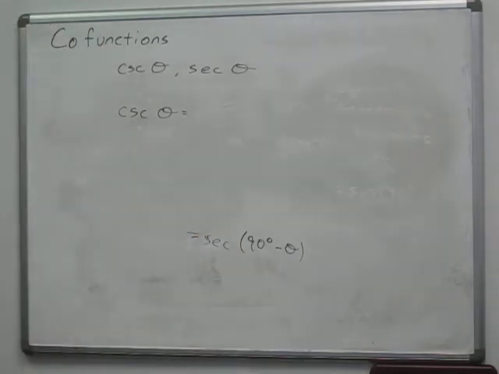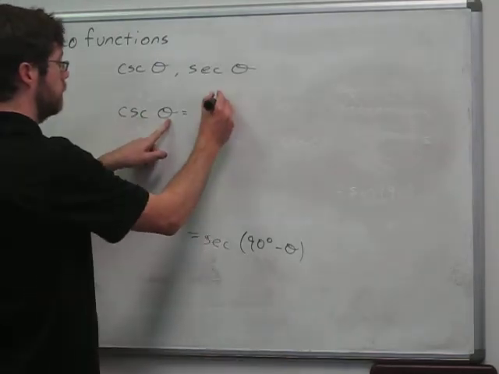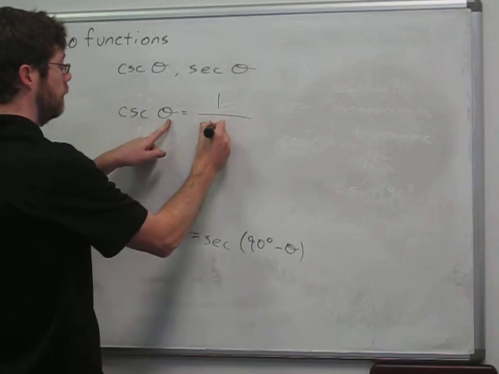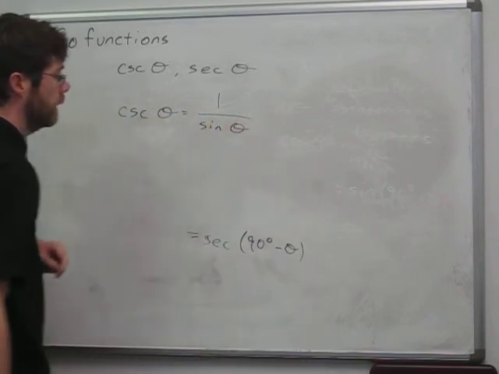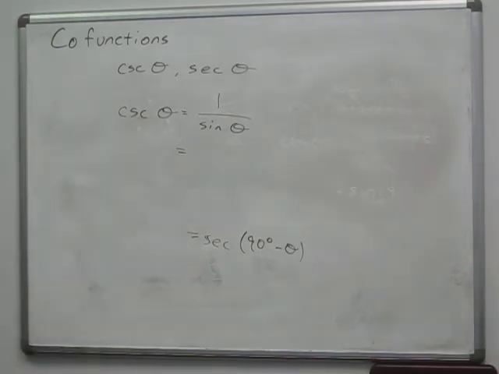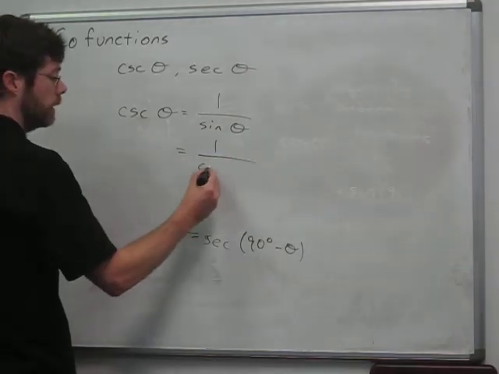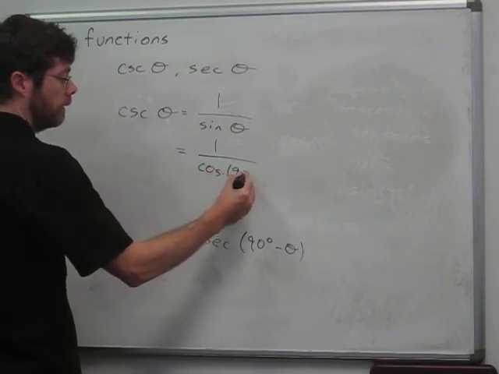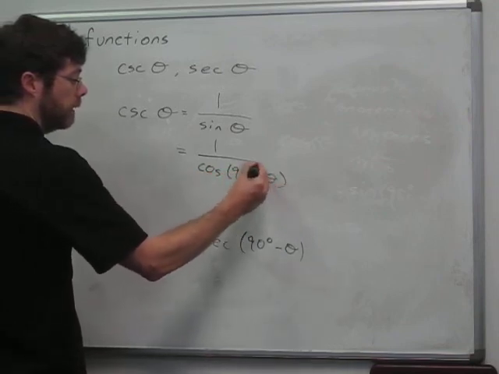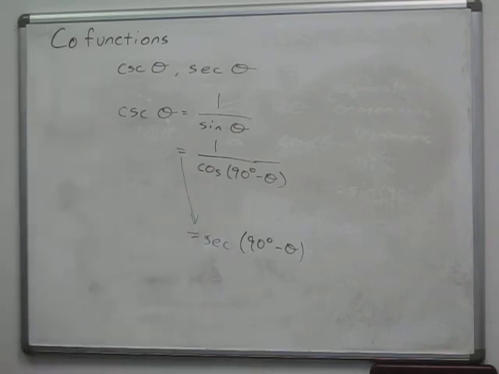So let's think in terms of sines and cosines. Cosecant of theta is equal to 1 over the sine of theta. Well, sine and cosine are cofunctions, so this is the same thing as 1 over the cosine of 90 degrees minus theta, and that is exactly the secant of 90 degrees minus theta.